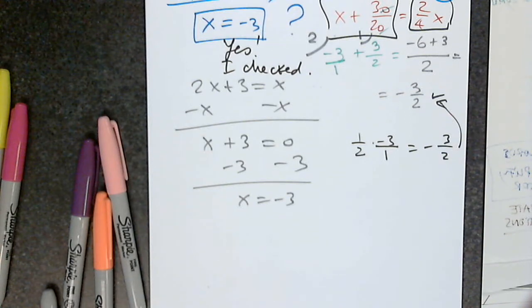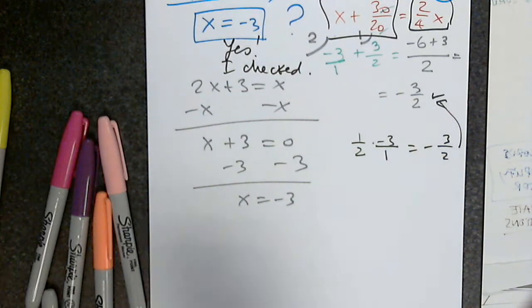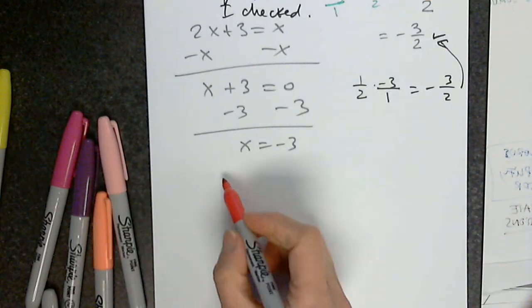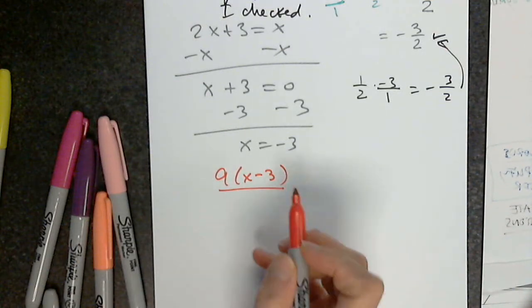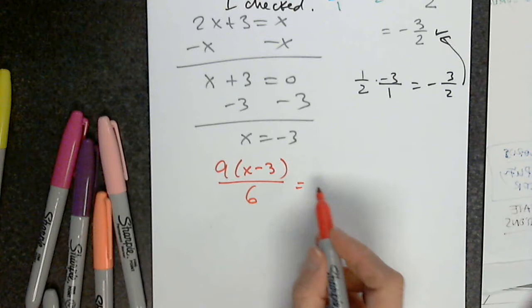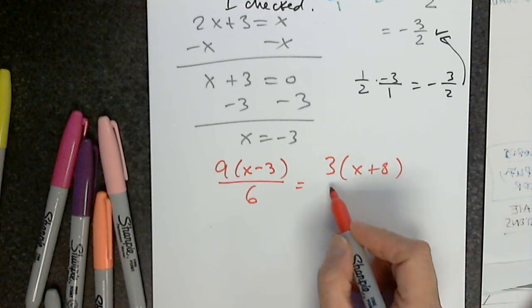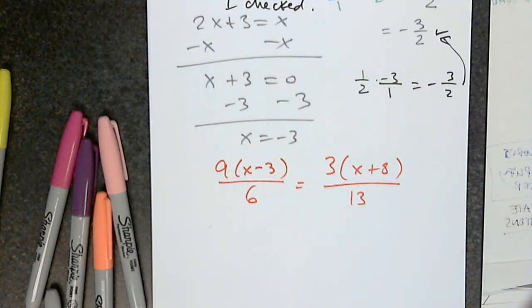So solve the equation for x. It's a very good problem. Thank you so much for picking that because I was going to pick one like this. So we have 9x minus 3 in parentheses over 6 equals 3x plus 8 divided by 13. This is not a trivial problem.